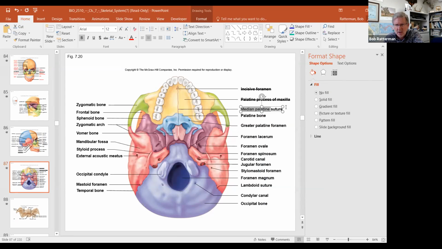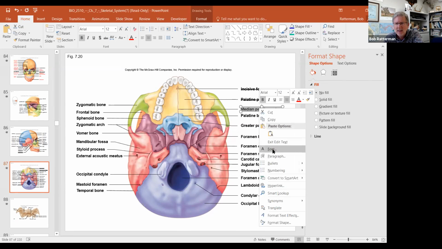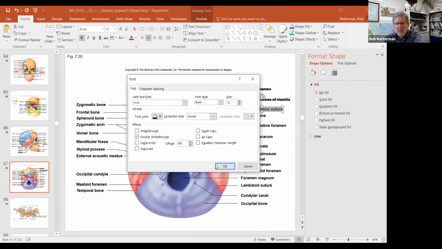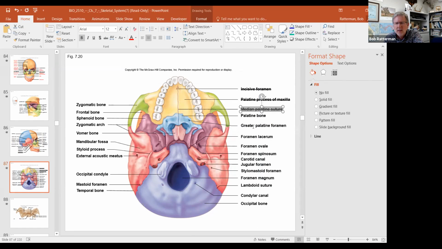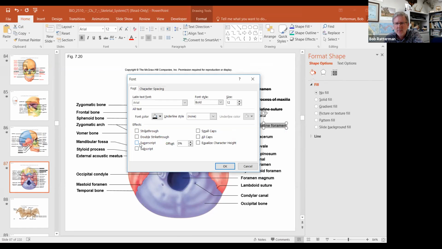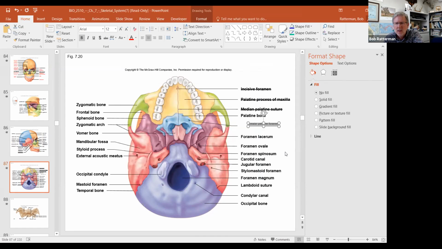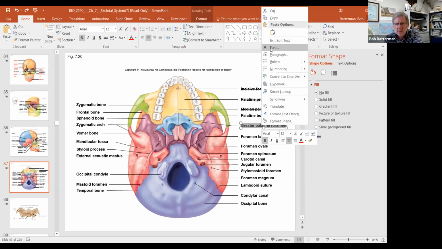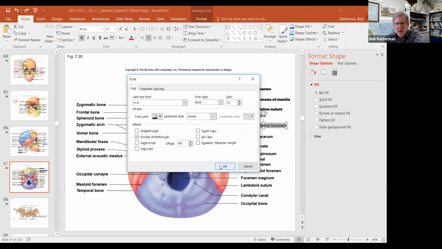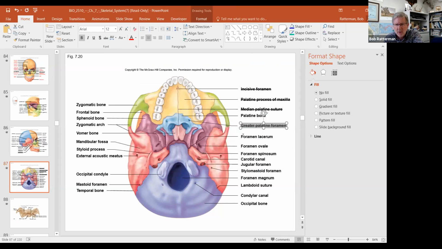Median palatine suture, again, don't worry about that. Greater palatine foramen, I didn't mention it. I said you could look for that to help find the palatine bone, but you don't need to know that. Foramen lacerum, foramen ovale, those can be omitted.